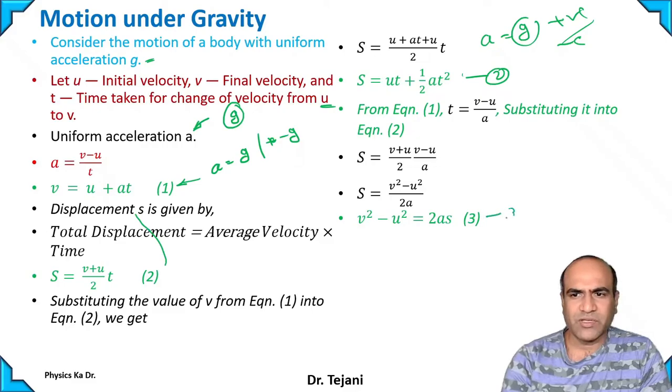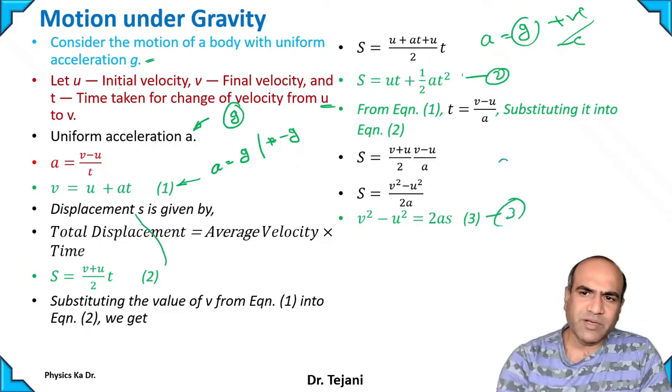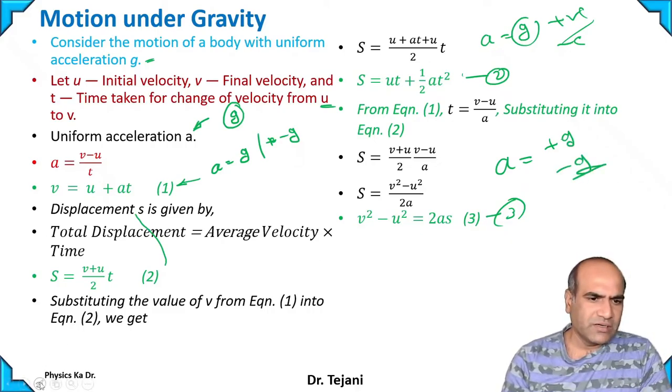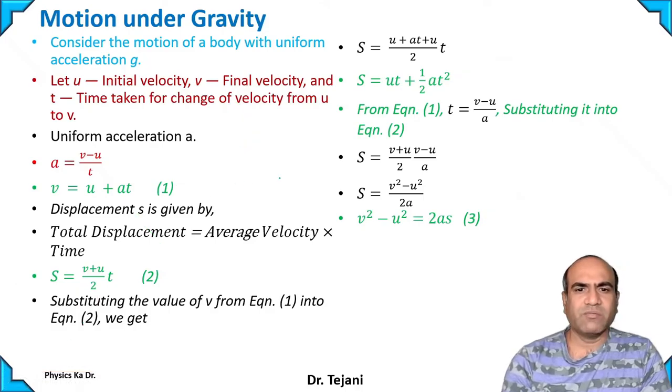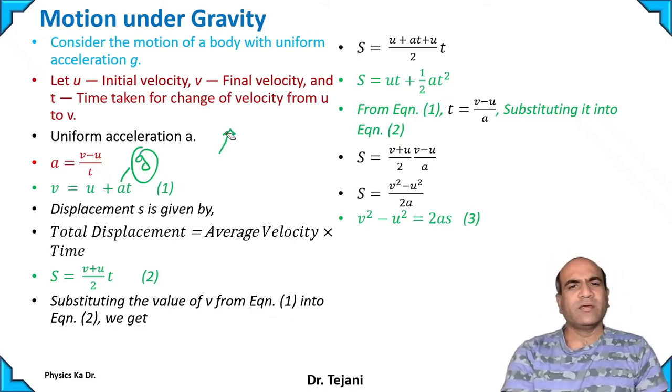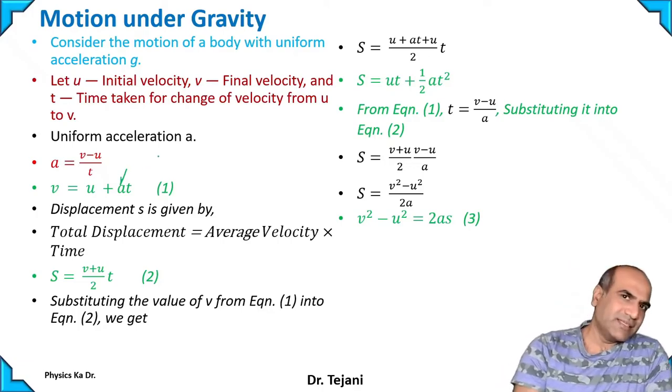This is equation number 3. Remember again, a can be positive g or negative g. Do not remember a separate equation by changing g when it is moving upward, it is not required at all. This equation will be useful, right, for all the cases.